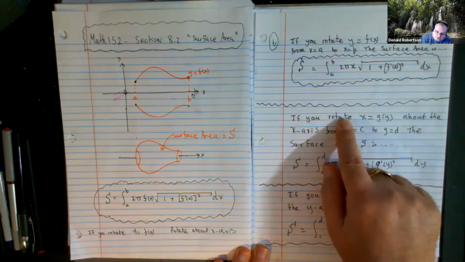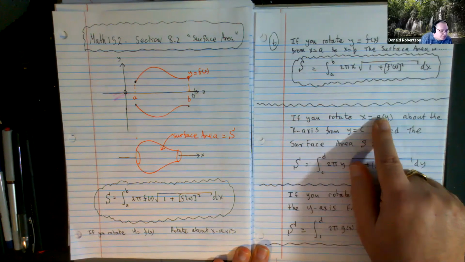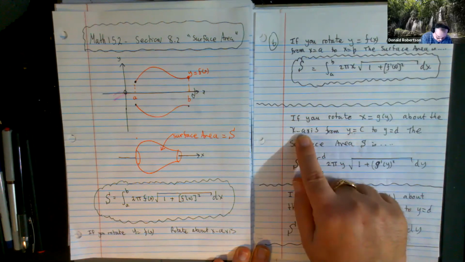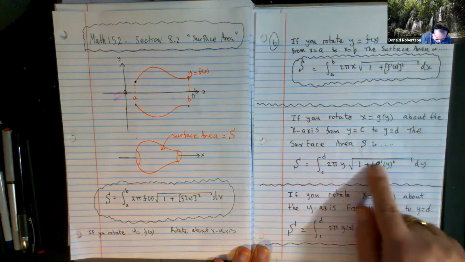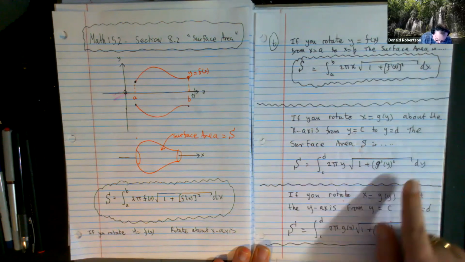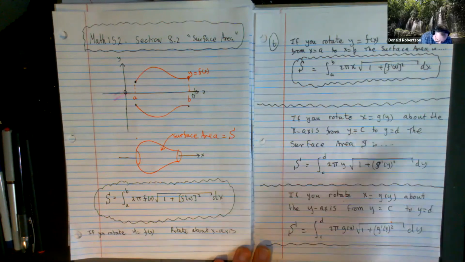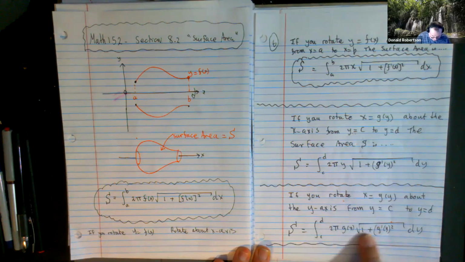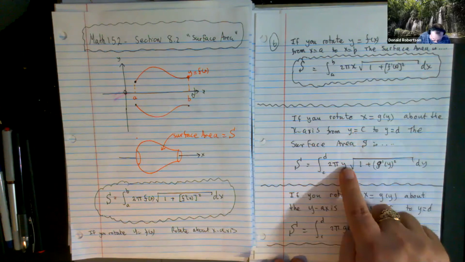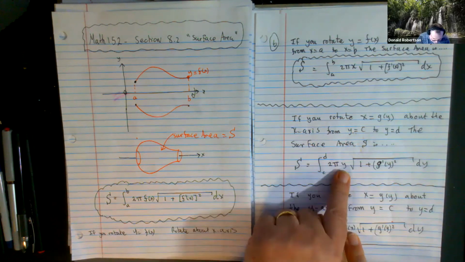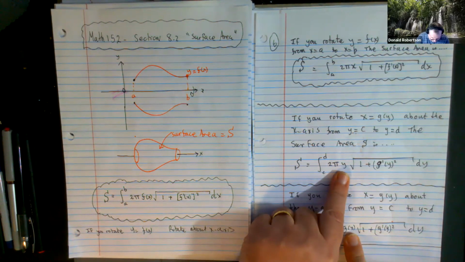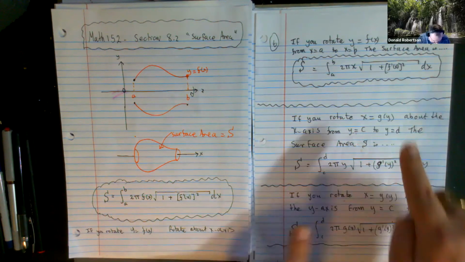So here's number 3. I haven't done any of them, but will today. Suppose you rotate a function like x equals y squared plus 1, and you want to rotate it about the x-axis. This is your formula. And if you want to rotate it about the y-axis, x equals y cubed, whatever, this is your formula. Now you look at these formulas, they're almost the same. Do you see you have that little g of y difference? Do you see how the derivatives are very similar?